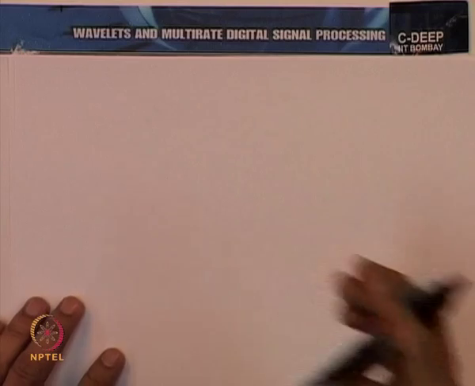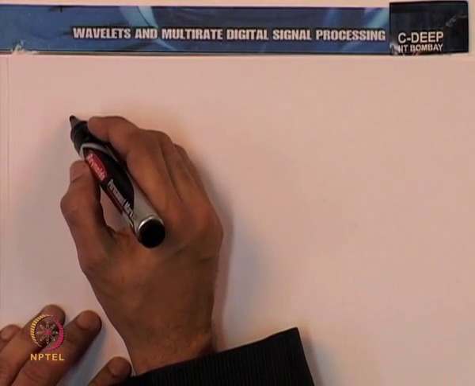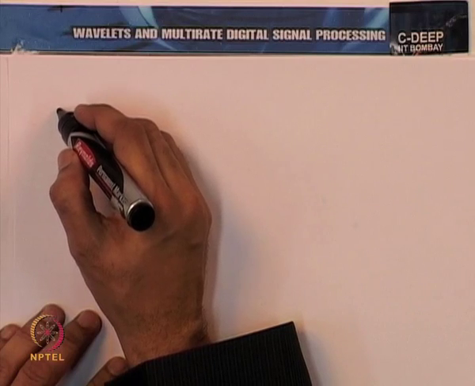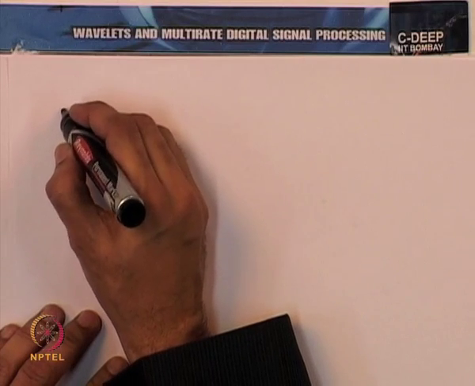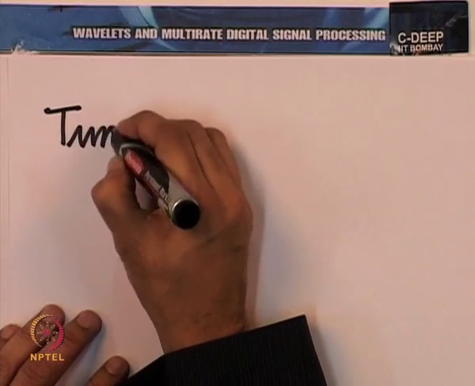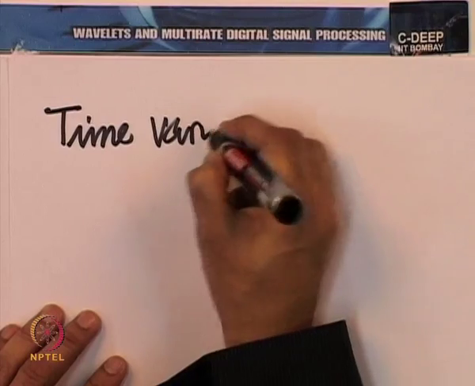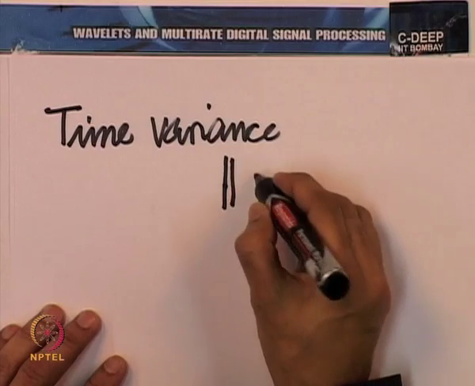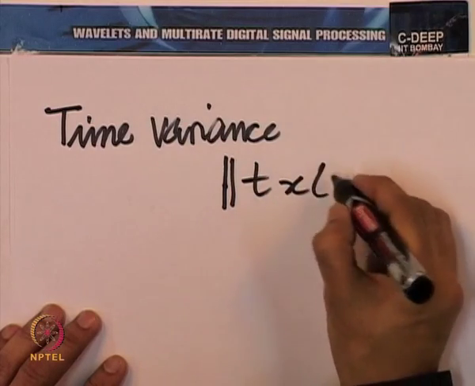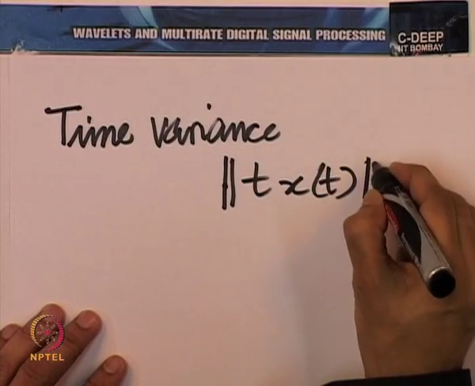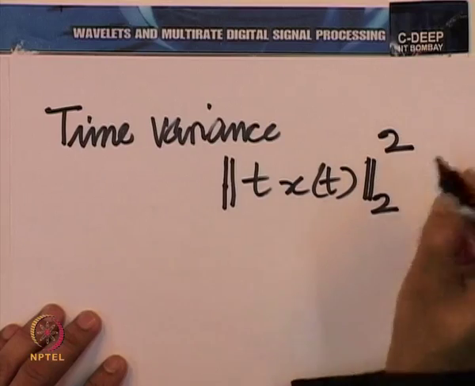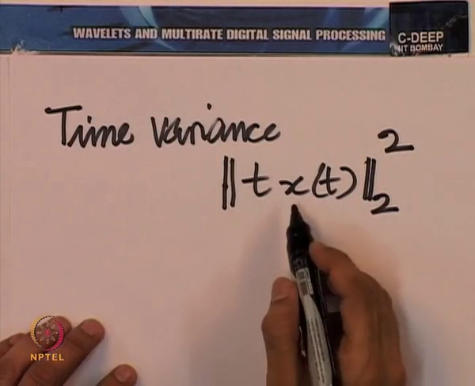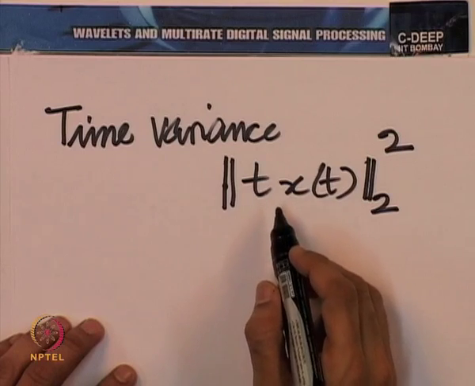You notice that we have shown that essentially the time bandwidth product relates to a time variance, the time variance relating to the norm of t x(t) the whole squared. And you are assuming the object is centered.